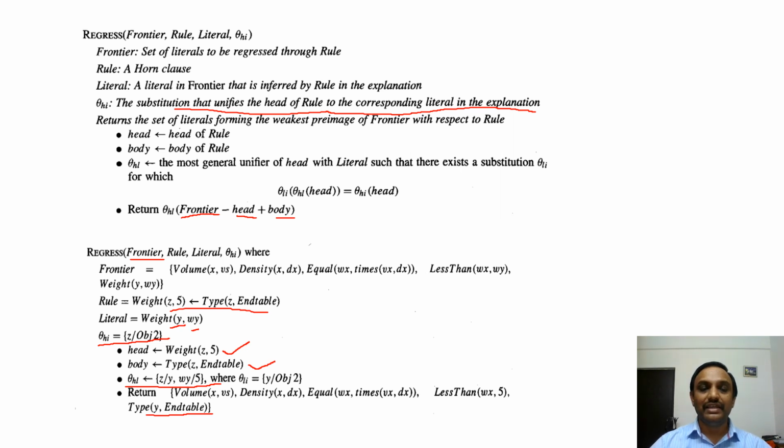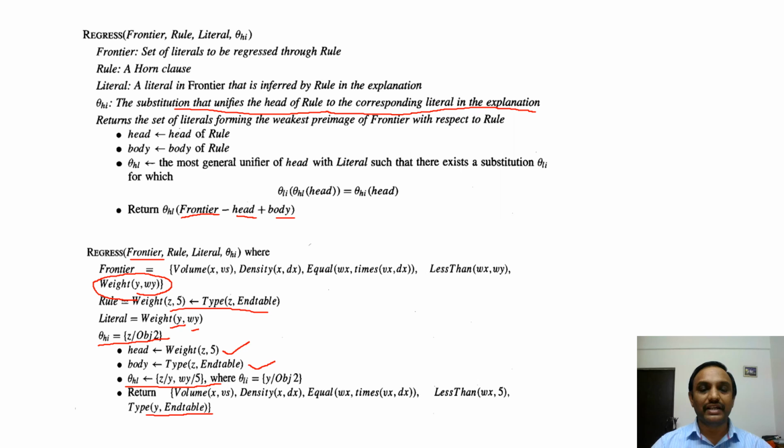So finally this one we are replacing with y end table. That means the object type we are taking, we are replacing with the end table. That is one level, from the leaf level to the next parent level we are going. So this is the regression procedure.